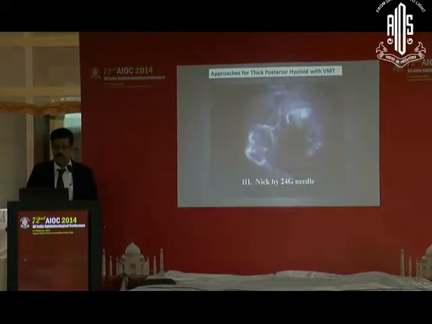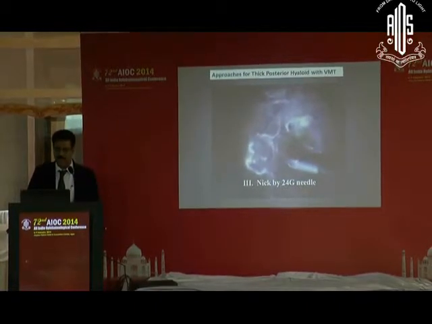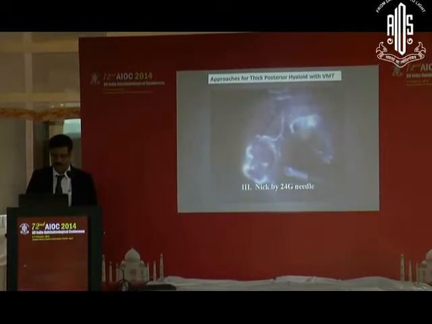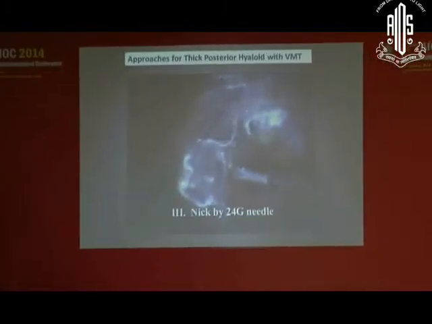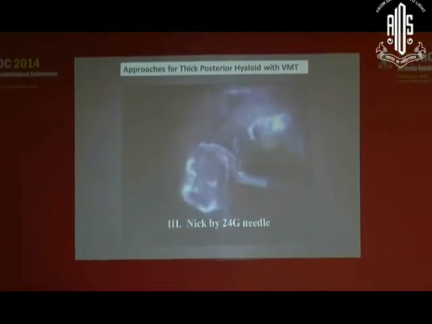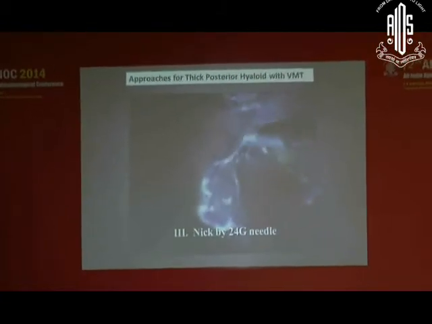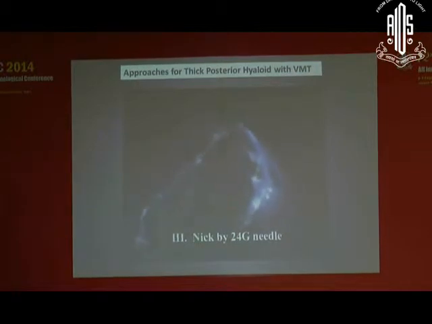You can use a 24 gauge needle to give a nick over the hyaloid phase to create an opening. You should be very cautious. You should not touch the retina, and after making this opening, you can pull the hyaloid phase gently without any secondary break. We should be very cautious in this kind of situation.